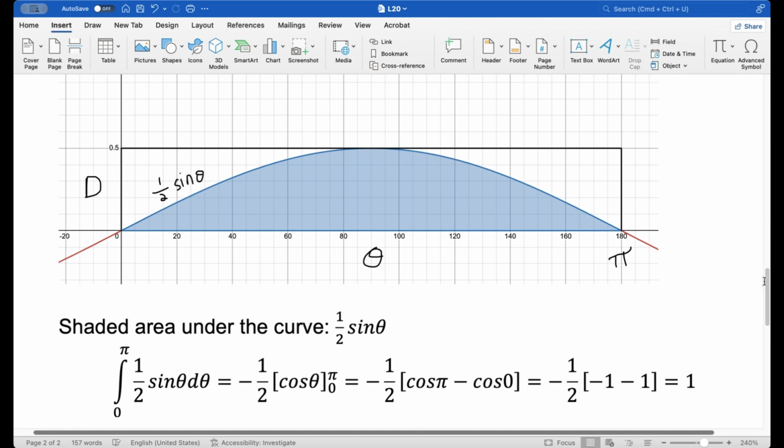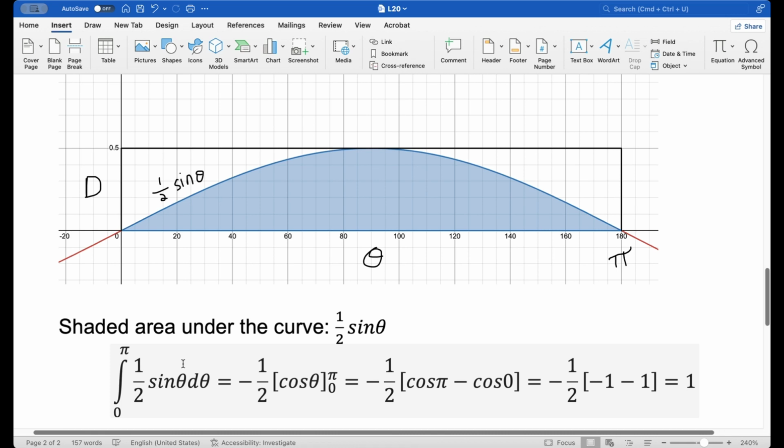So we're doing the definite integral from 0 to pi, limits on theta, of the function 1/2 sine theta d theta. That'll give us the area under the curve and above the horizontal axis. The antiderivative of sine theta is negative cosine theta. 1/2 stays attached. Remember, derivative of cosine is negative, so the integral of sine is negative cosine theta.